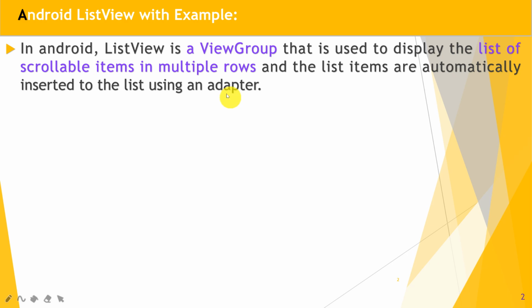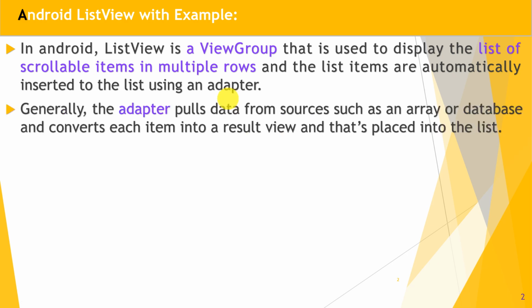So we will see what an adapter is. Generally, an adapter pulls the data from sources such as an array or database and converts each item into a result view, and that is placed into the list.